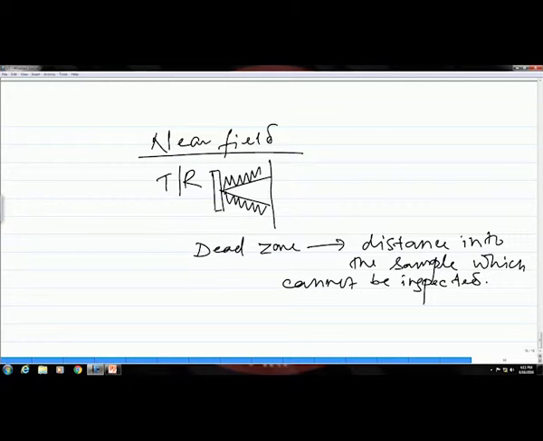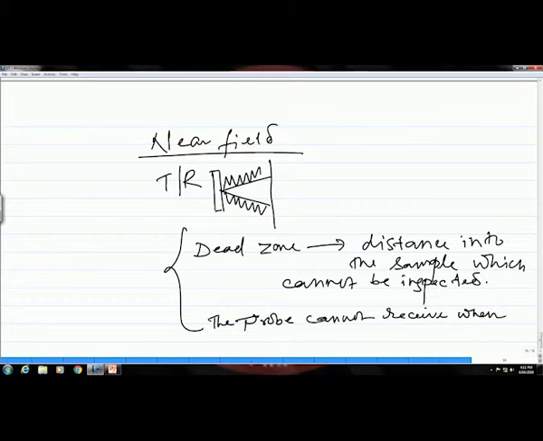Okay. So, this is the direct effect of the near field fluctuations, because as I said, a probe cannot receive when it is still transmitting.